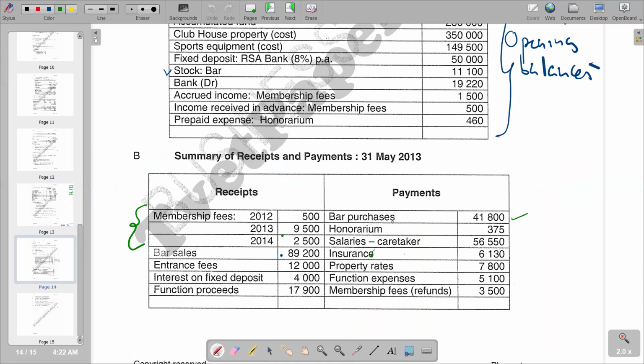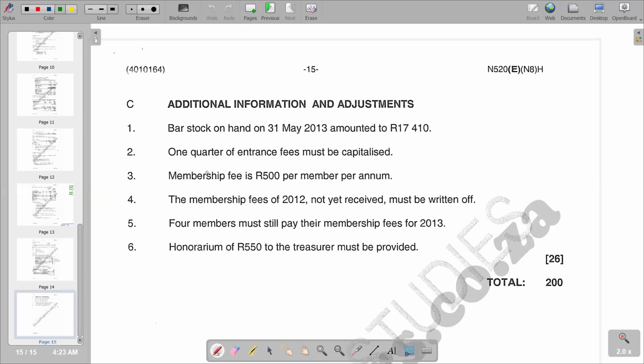When we go to our credit side, we can try to pick which one should go to the membership fees account. The question is what is received and what is not yet received.